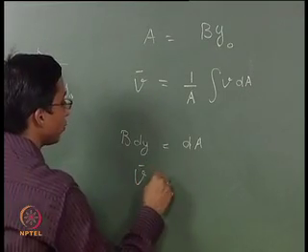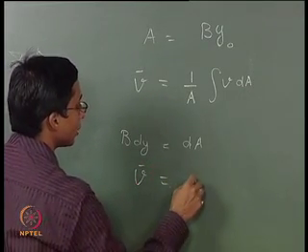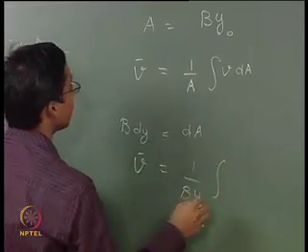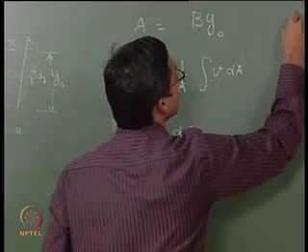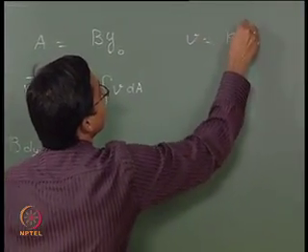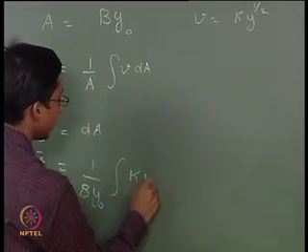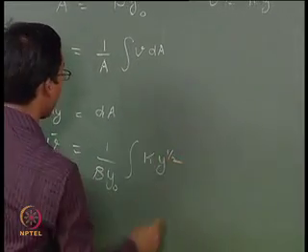Therefore, your average velocity is nothing but 1 by b y naught integral v, where v is equal to k y to the power of half, it is given to you. So, substitute them here, k y to the power of half.